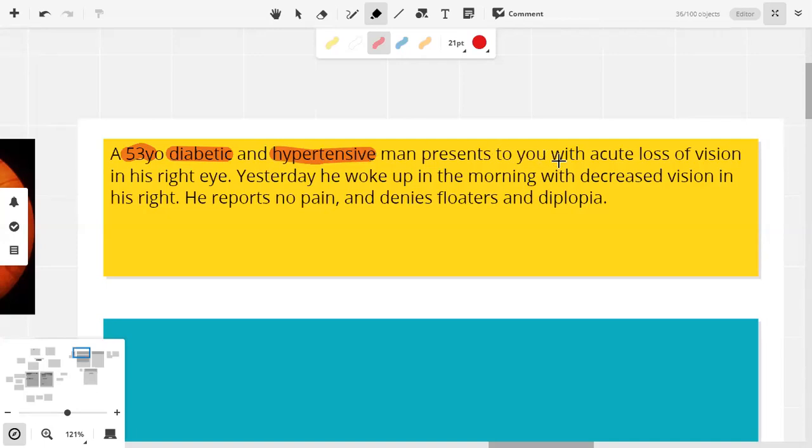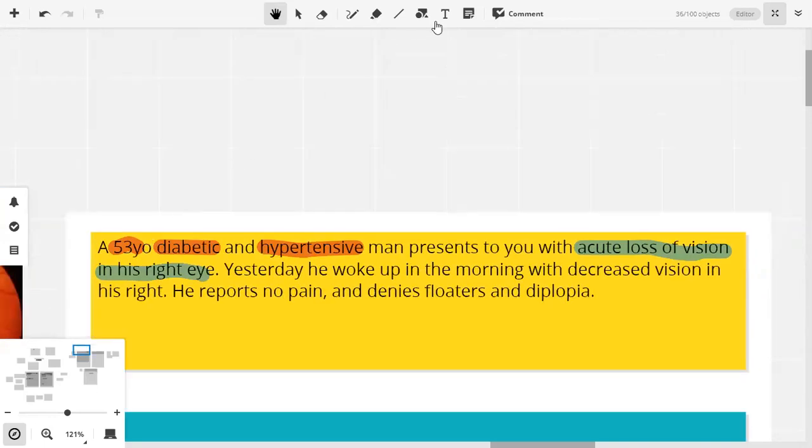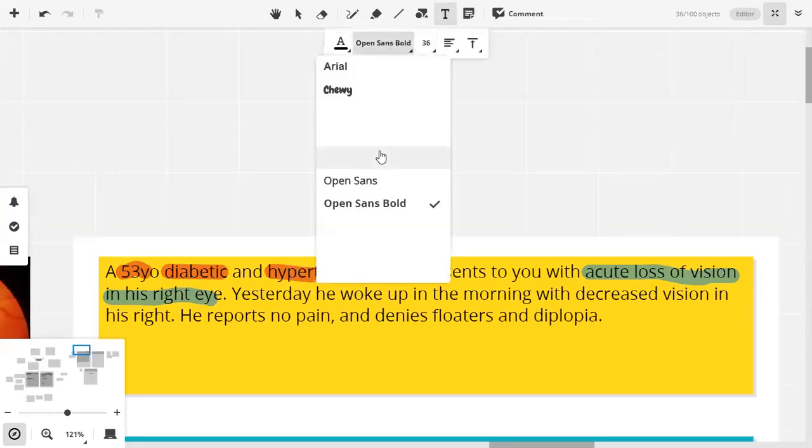He presents to you with acute loss of vision in his right eye. So the chief presenting complaint is acute unilateral loss of vision. What can be our differentials of acute loss of vision in this patient who is diabetic and who is hypertensive?